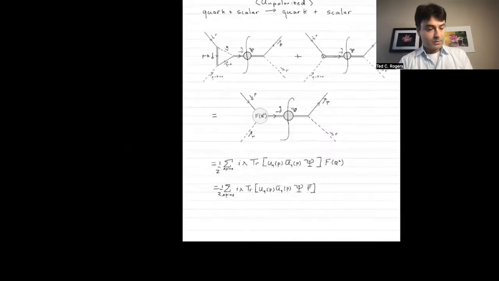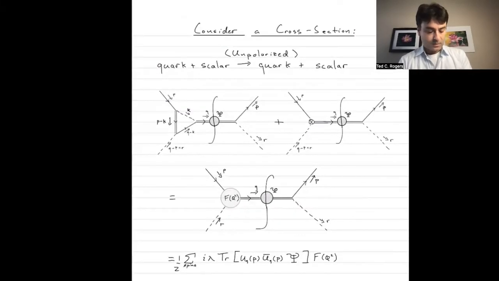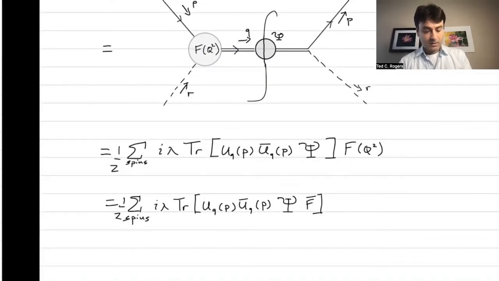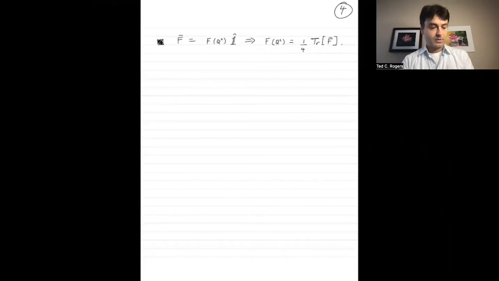Now, if I were just calculating a diagram like this, I might treat the F as having Dirac indices, and it would appear as a form factor I'm calling here F with a bar on top of it. Okay, so if I were just following the rules for appending pieces of the Feynman rules to one another, then I would get something like this. And then to get the form factor, well, I'd say this Dirac matrix F bar can be expanded into form factors.